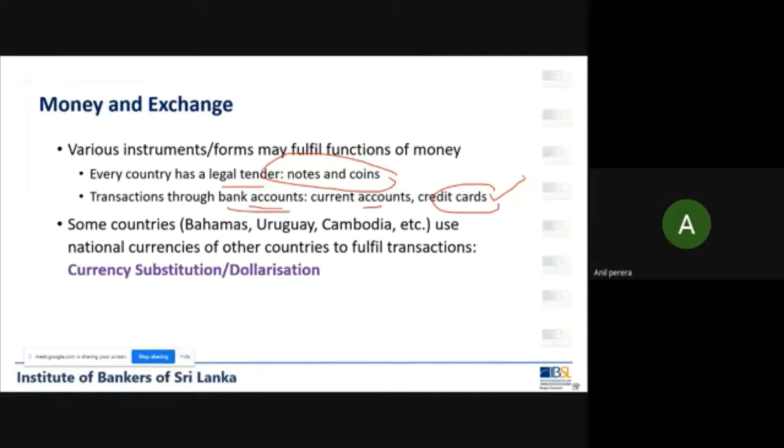So, what is the key characteristic or criteria to be considered as money? We have already seen money is a liquid asset. So that liquidity should be there mainly, and also it should fulfill certain functions of money. Even with certain functions, you may not consider all these bank facilities as money.